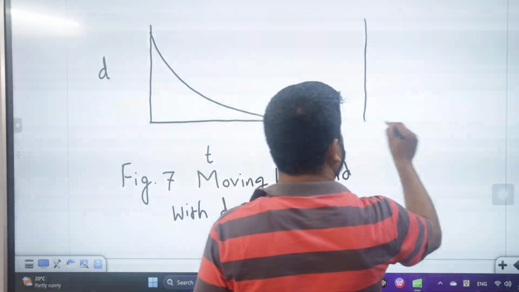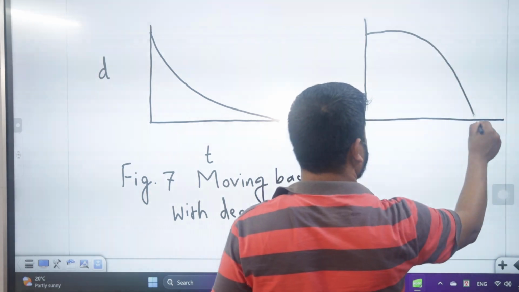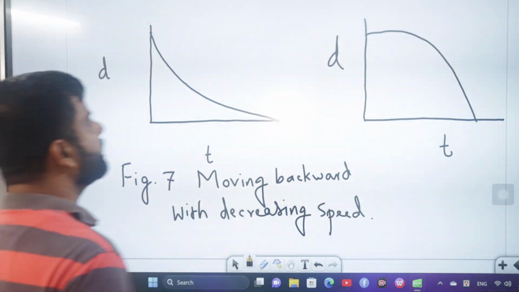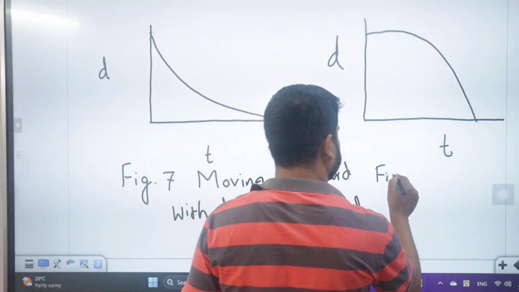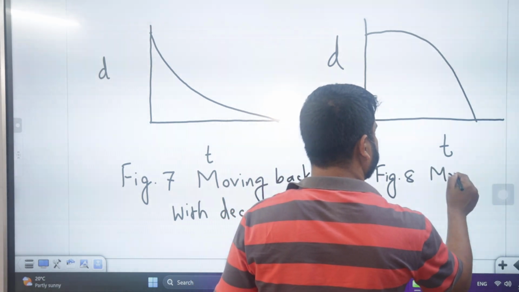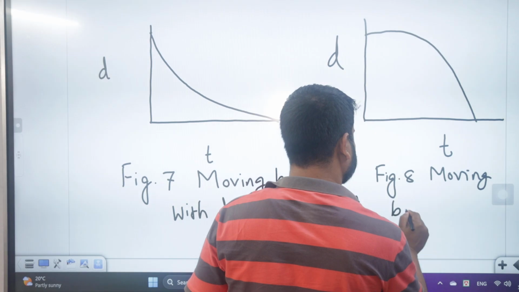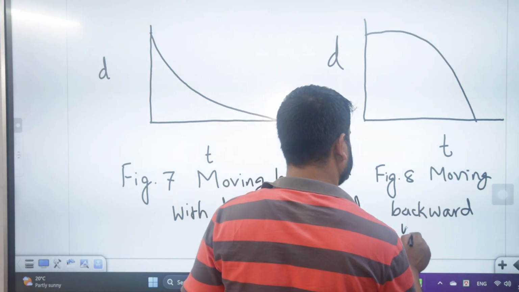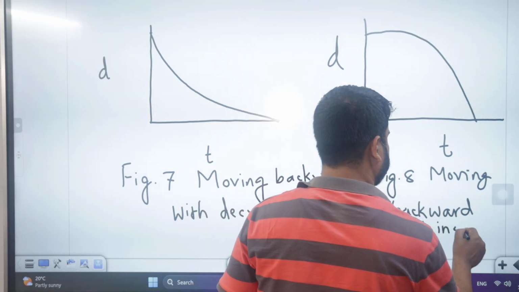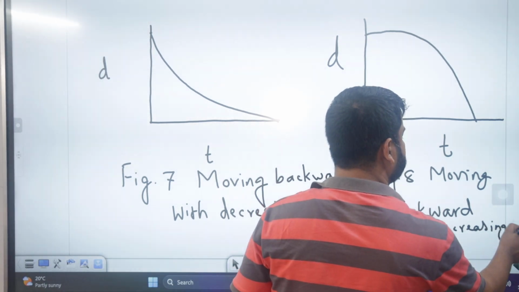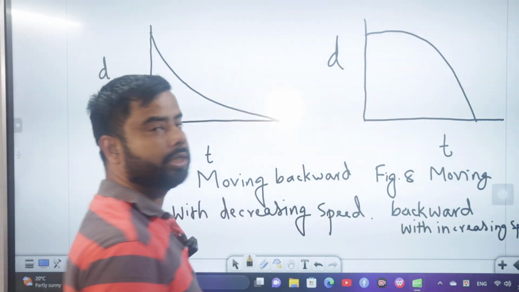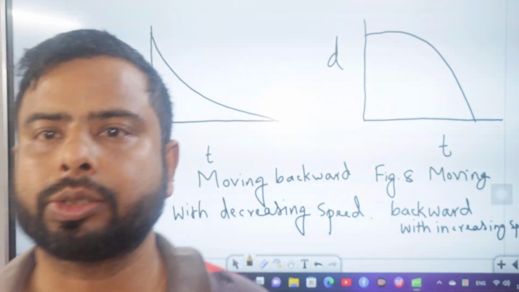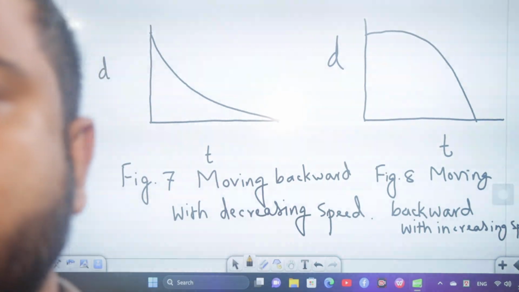On the other hand, if the graph is like that, so moving backward with increasing speed. Why increasing speed? Because the gradient of the graph increases with time. Moving backward.